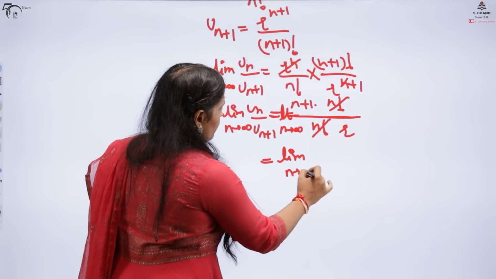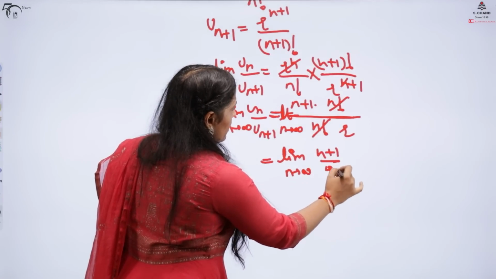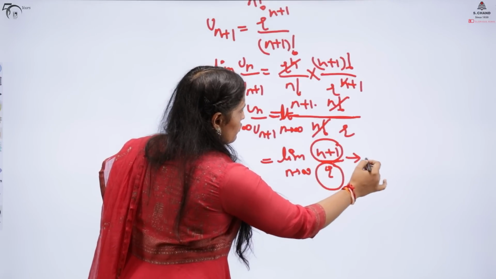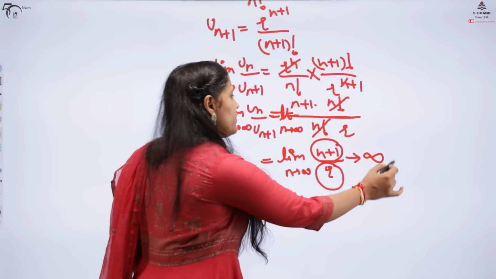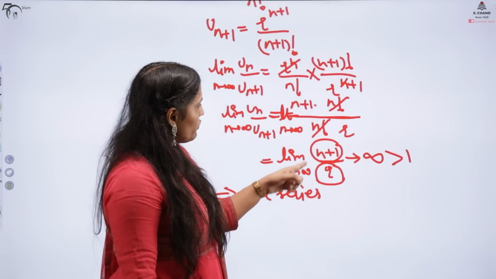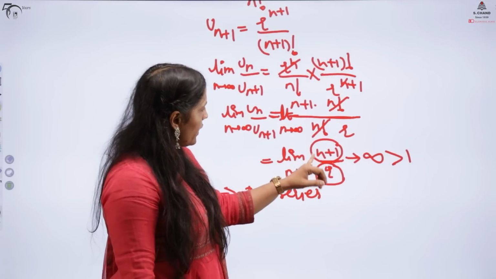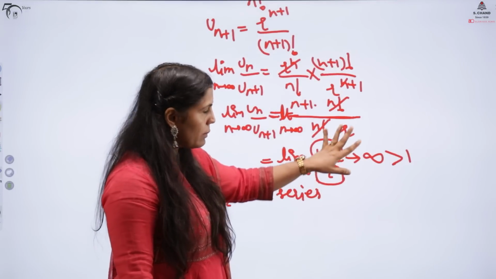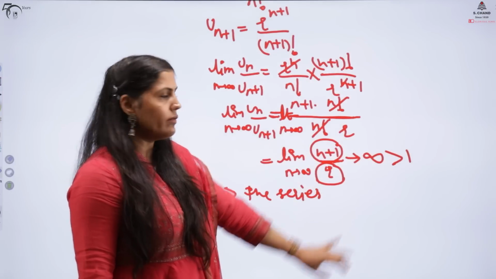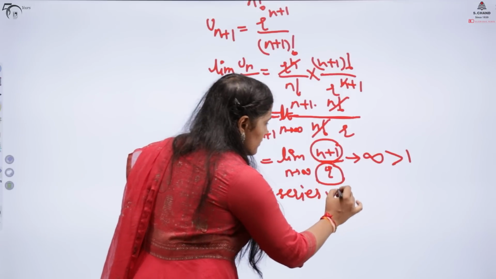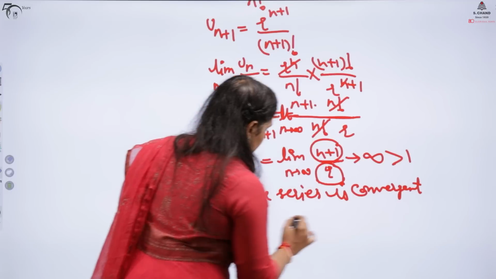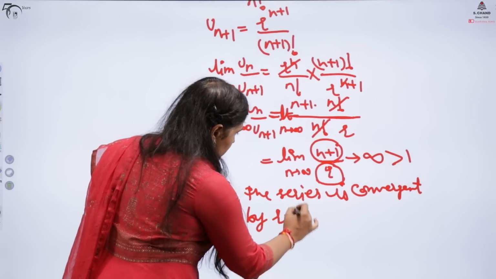So limit n tending to infinity n plus 1 upon R. R is a positive number and n is tending to infinity, so the complete limit is tending to infinity. Infinity is obviously greater than 1, so hence the series is convergent by ratio test.